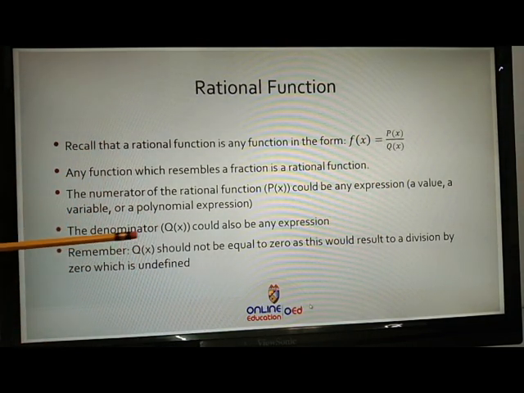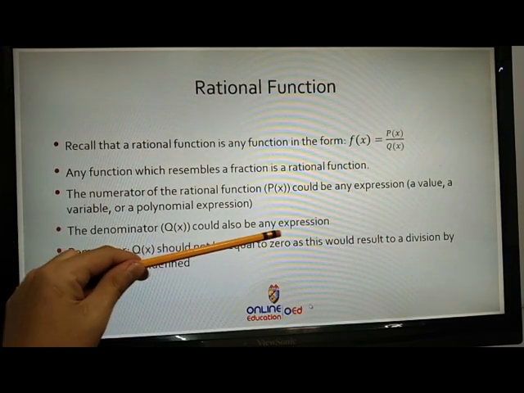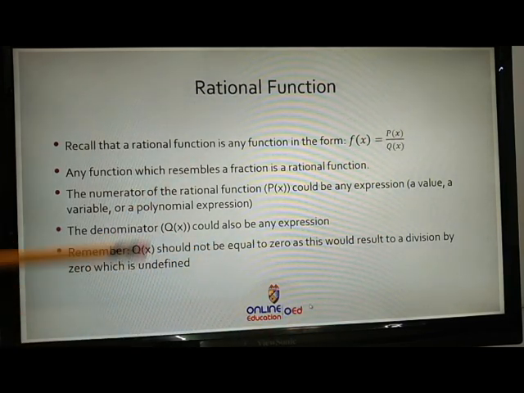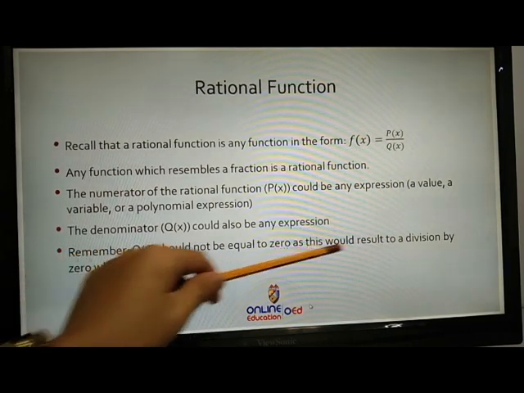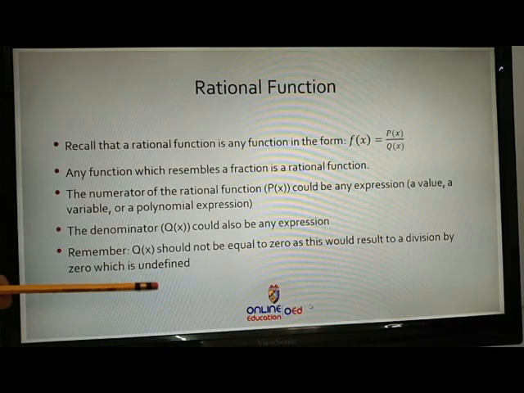The denominator q of x could also be any expression. But always remember that q of x should not be equal to 0, as this would result in a division by 0, which is undefined or meaningless.